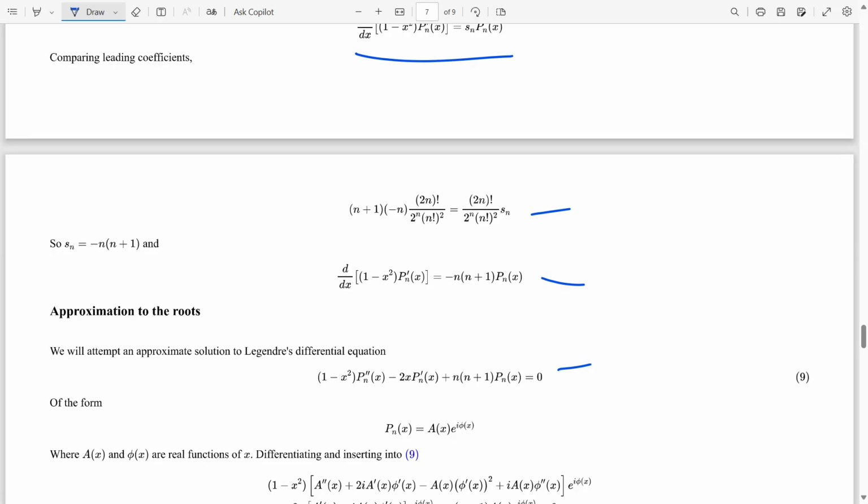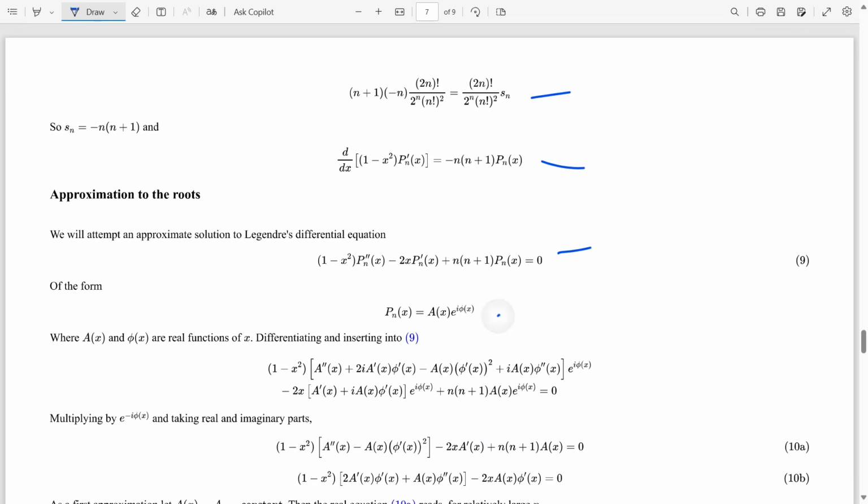An approximate solution to Legendre's differential equation will lead to an approximation for the roots of Pn of x. We will start with the WKB approximation, which factors a complex solution into an amplitude factor, a of x, where a of x is a real function of x and is never 0, and a phase function, e to the I phi of x, where phi of x is a real function of x.